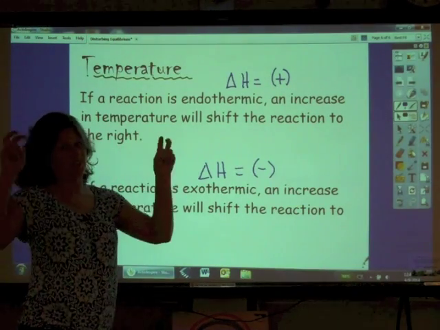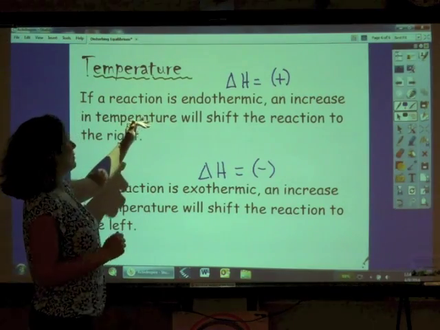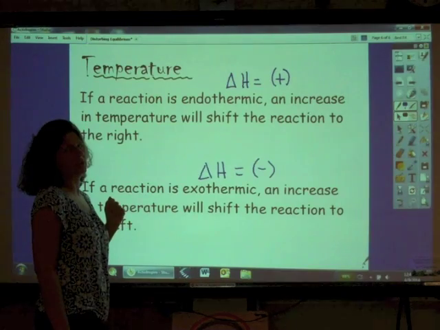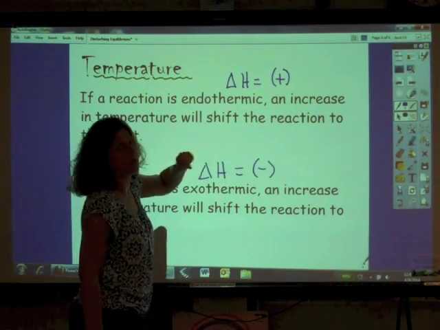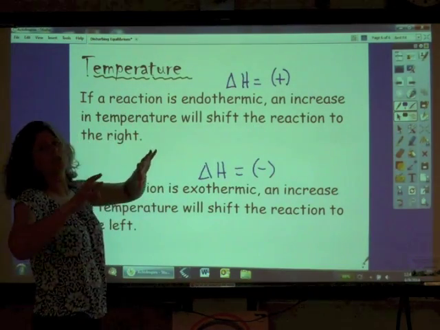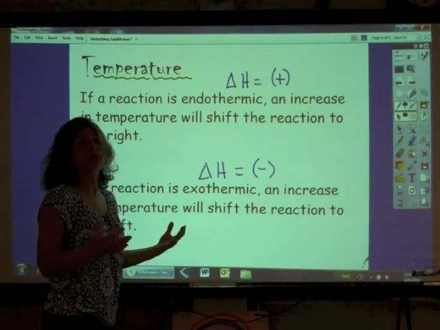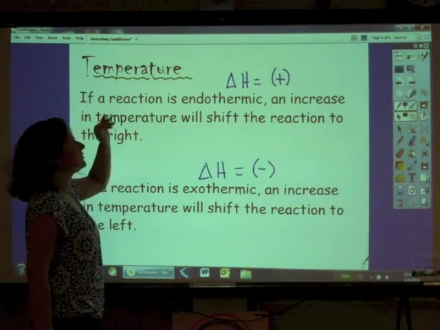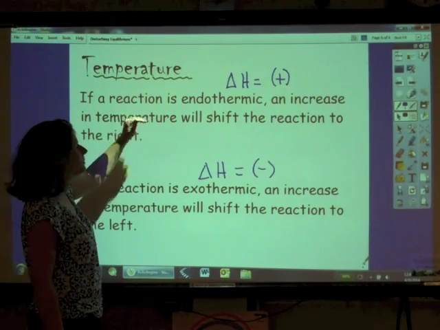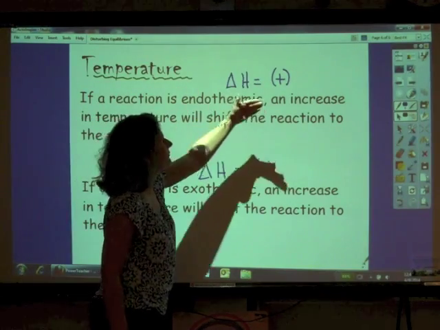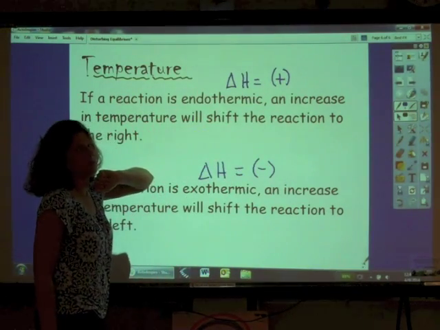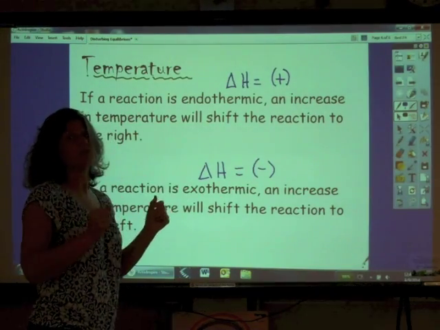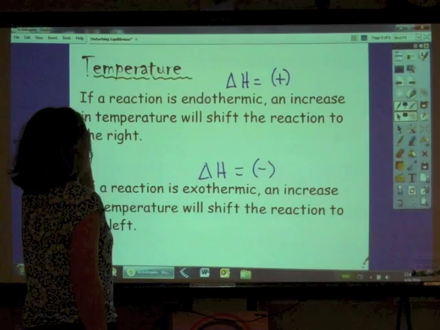So if you increase the temperature of an endothermic reaction, it's going to move in the forward direction to cool off, to counteract that heating. And endothermic reactions absorb heat from the surroundings, cool the surroundings.